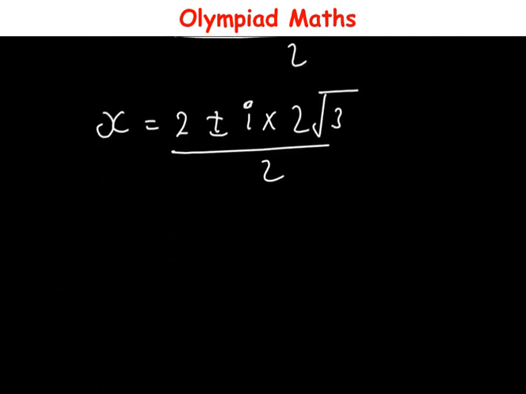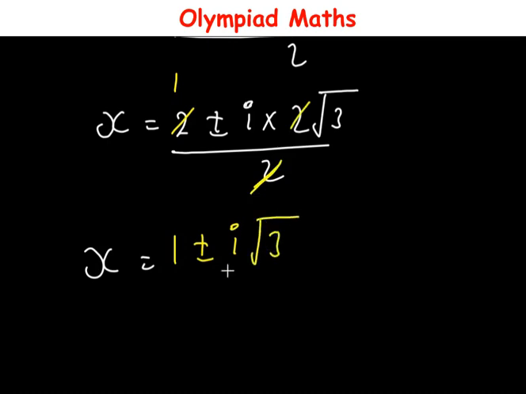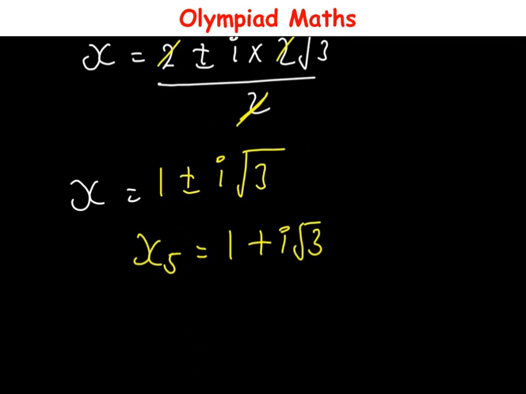Now 2, we divide 2, we have 1. So 1 plus or minus i, and 2, we also divide 2, we have i times root 3. Now from here, the value of x5 is equal to 1 plus i root 3, while the value of x6 is equal to 1 minus i times root 3.